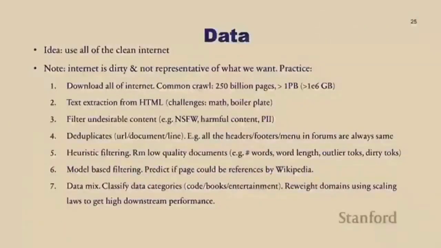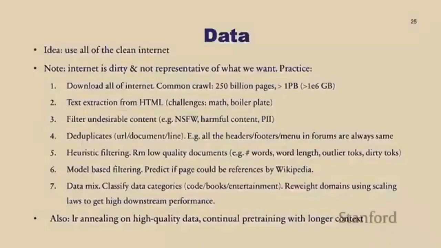If you train your model more on code, it helps reasoning. So you want to upweight the coding distribution because that helps for general language modeling skills. Books is usually also another one that people upweight. Entertainment, they usually downweight. So things like this. People used to do it maybe kind of heuristically. Now there are entire pipelines, which we'll talk about, of how to do these things slightly more automatically.